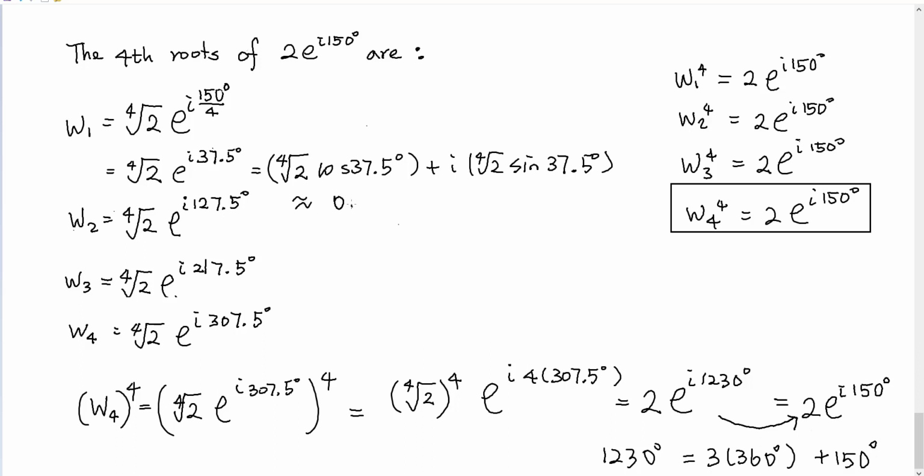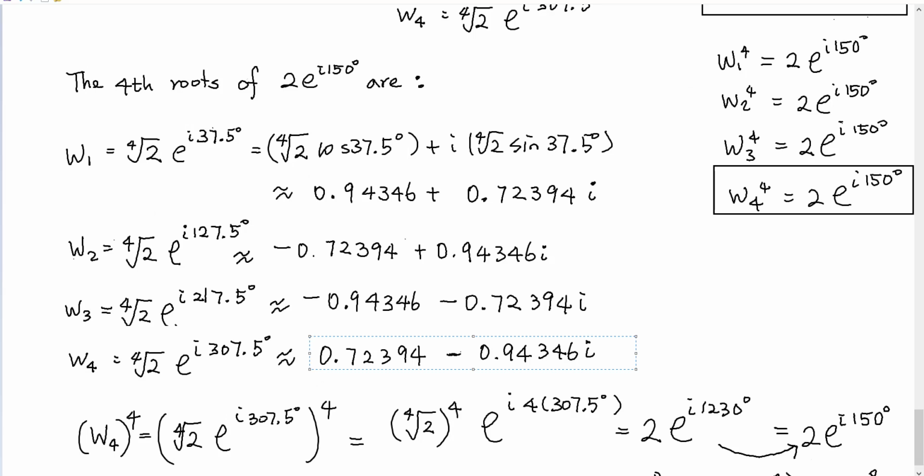Rounded to 4 decimals, that is approximately 0.94346 plus 0.72394 i, and that's an approximation. You can do the same thing for W2, W3 and W4 using your calculator.